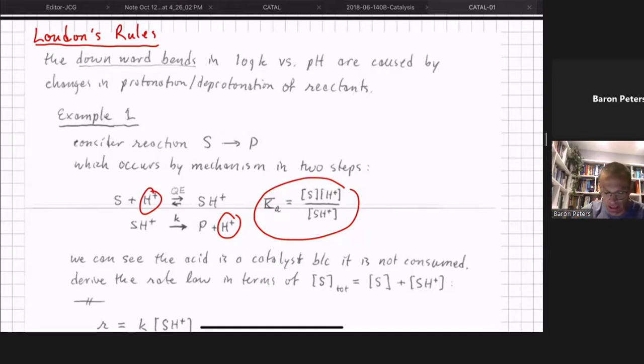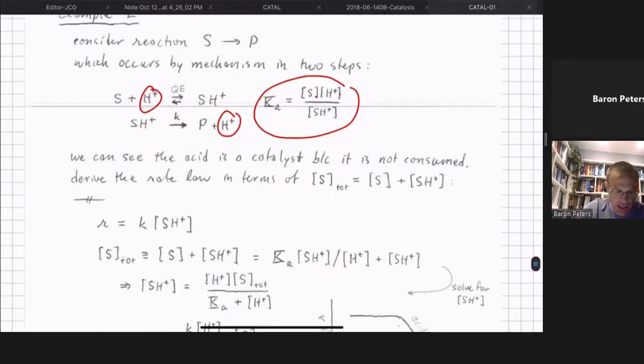So the reactant here we think of as the SH+ becoming its conjugate base and the free H+ concentration. So I'm going to start deriving this rate law by writing down that R is equal to k times the SH+ concentration. That comes from the rate of this elementary step that makes my product.